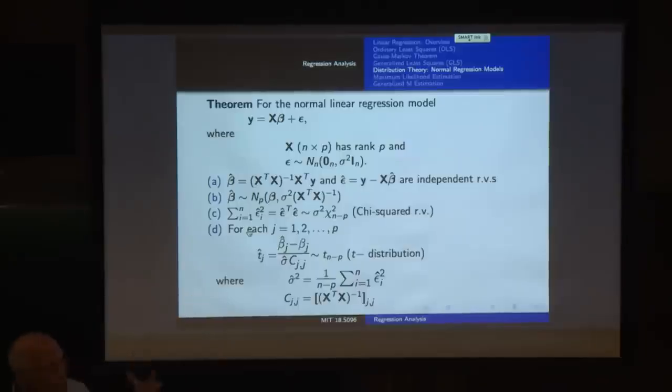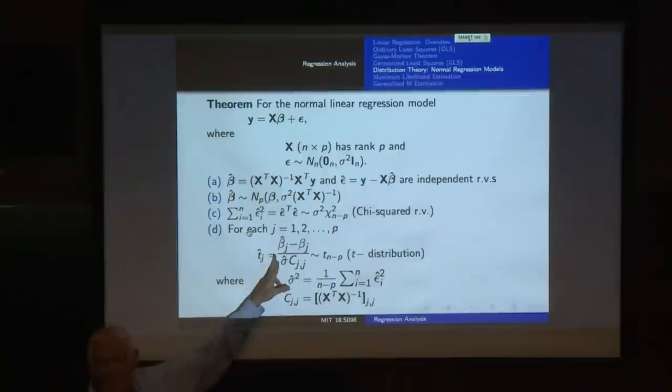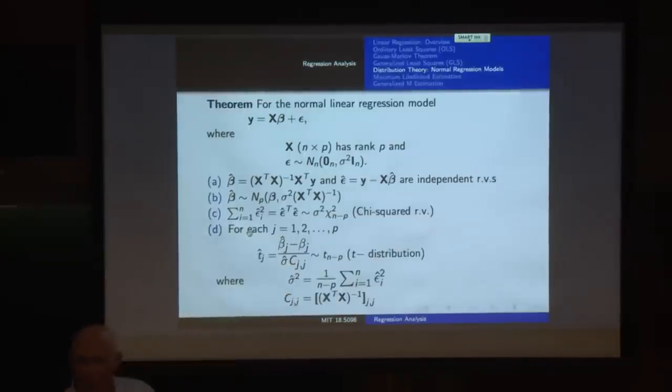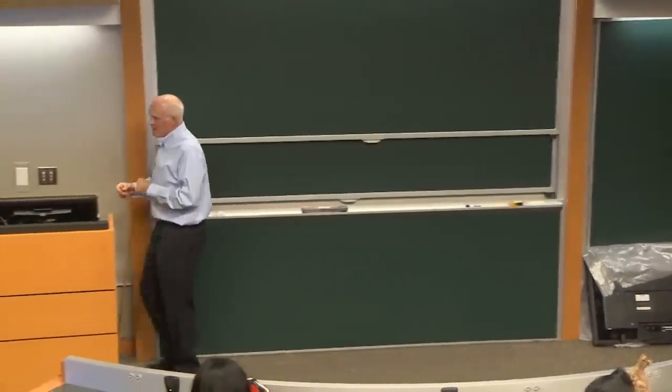And we can look at how much signal to noise there is in estimating our regression parameters by calculating a t-statistic, which is take away from an estimate its expected value, its mean, and divide through by an estimate of the variability in standard deviation units. And that will have a t-distribution.